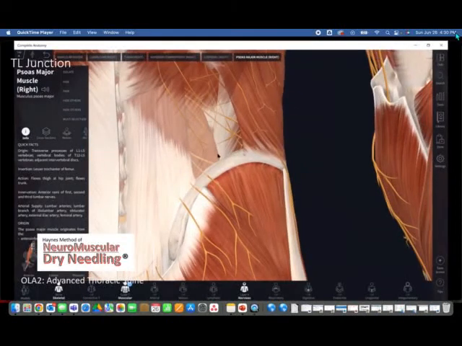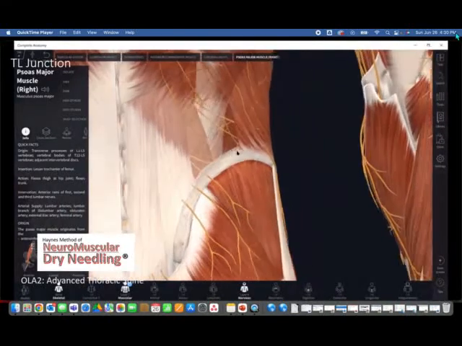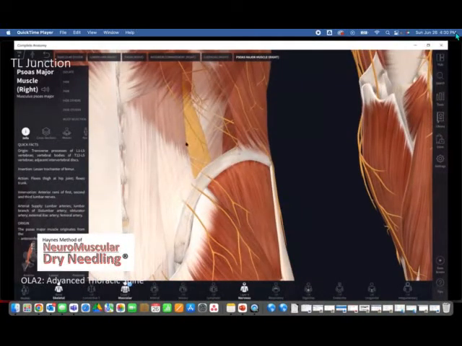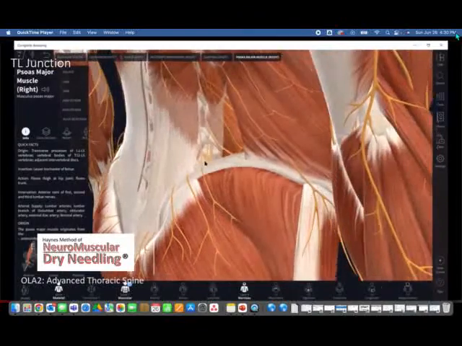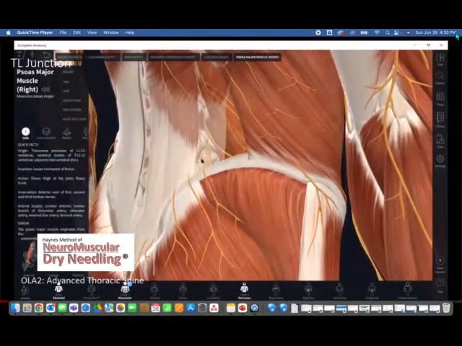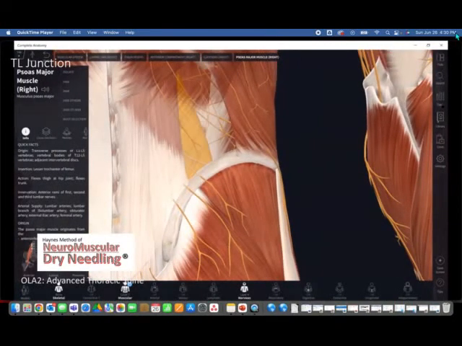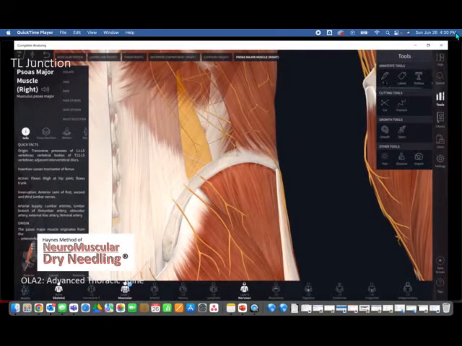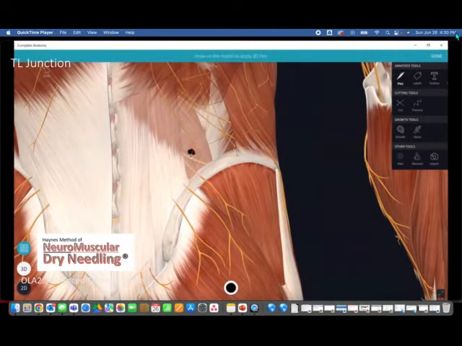So the way to have a good needle placement here is at the lateral piece of Iliocostalis, just a finger breadth or so further lateral, we'll needle posterior to anterior with some decent depth to make sure that we penetrate into psoas major. It can also be done from the side-lying position, but I prefer to take QL and psoas right here, posterior to anterior. And that would comprise our needling protocol for the thoracolumbar junction.